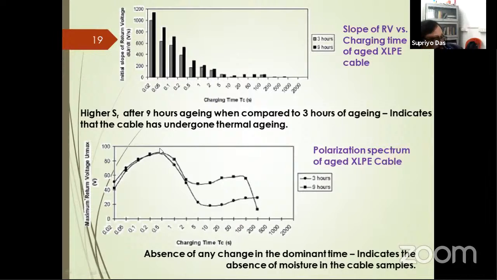And in the maximum return voltage of the two samples aged for 3 hours and 9 hours, again there is no change in the dominant time constant, which basically means the time to first peak, so they concluded there is no moisture content in the cable. So these are the ways we can identify the aging parameters or aging factors of the cable, or monitor the cable.